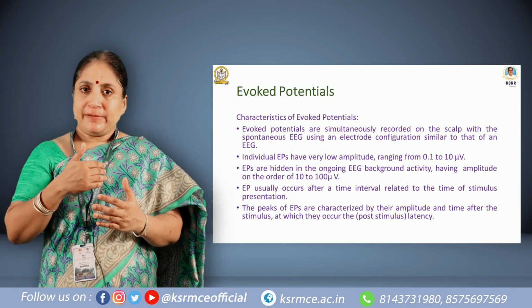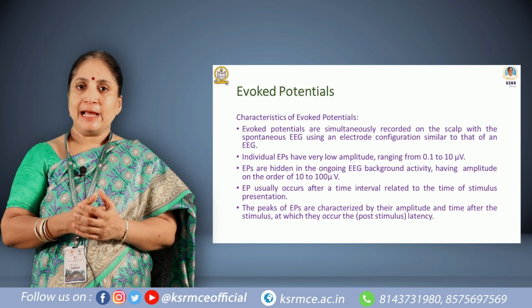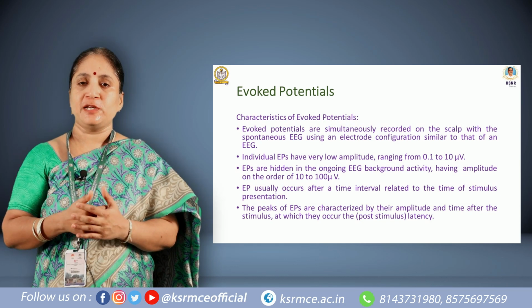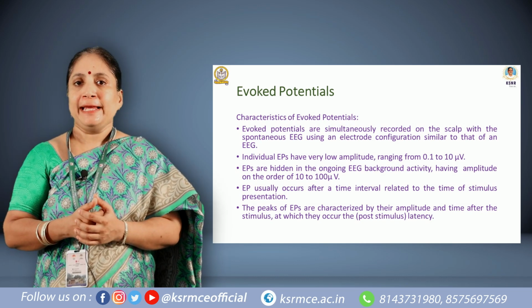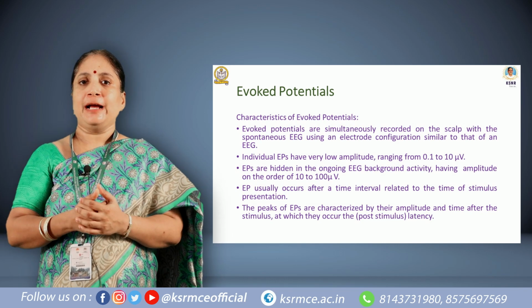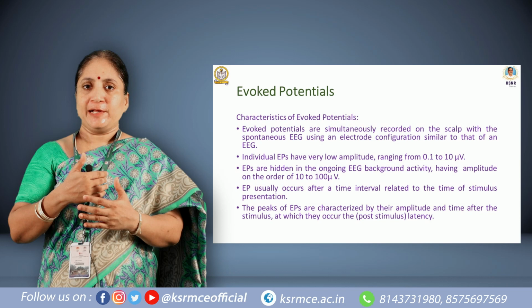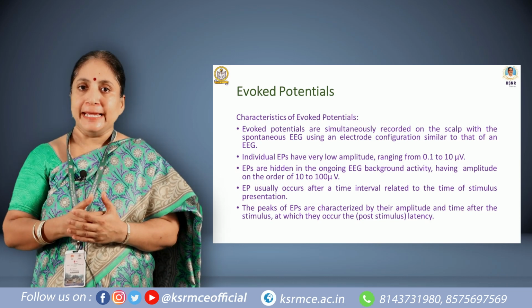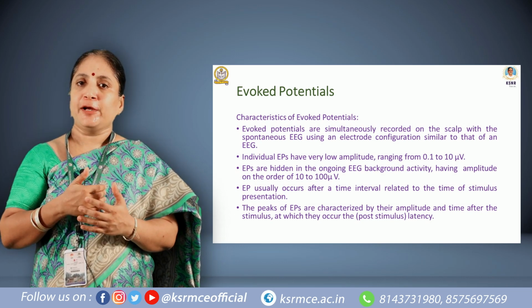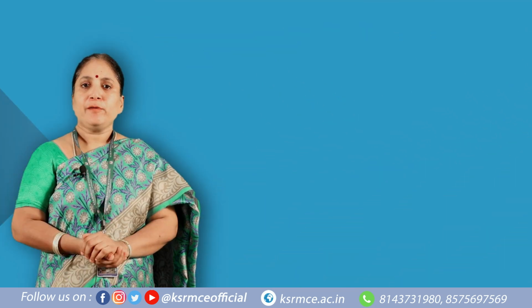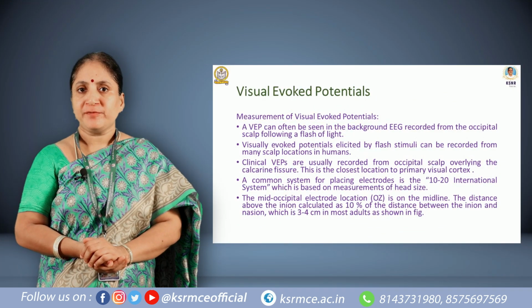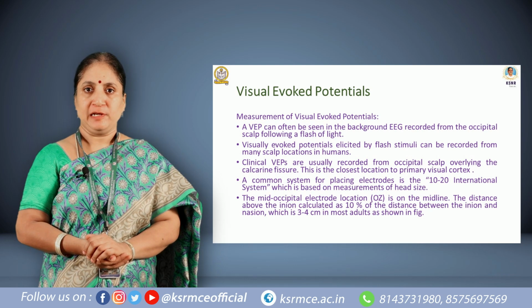So, the main task is to extract these very low voltage visual evoked potentials from the noisy background EEG. EEG is considered as the background noise. So, we have to extract the evoked potentials from the EEG, which is in the range of 10 microvolts to 100 microvolts.